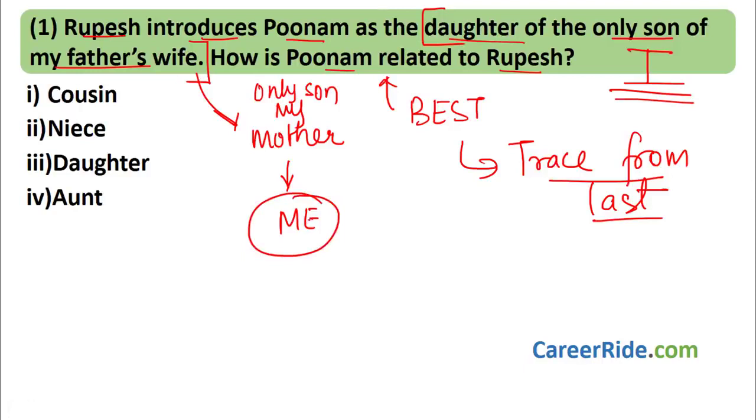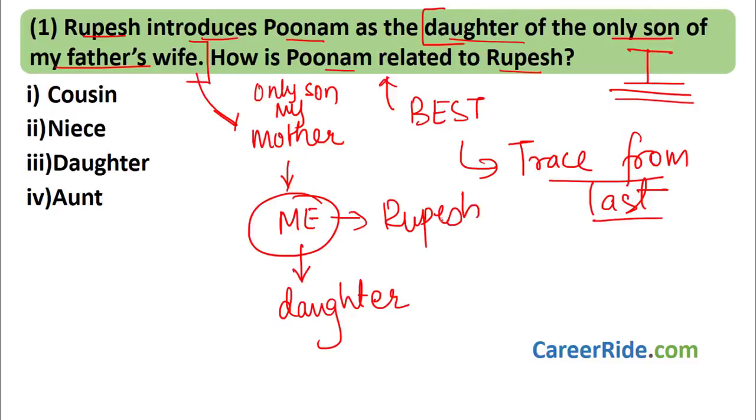So daughter of the only son, so my daughter. That means that Poonam is my daughter, right? So instead of me, now we'll put Rupesh. That means Poonam is Rupesh's daughter. How is Poonam related to Rupesh? Poonam is daughter of Rupesh. So daughter is the answer.